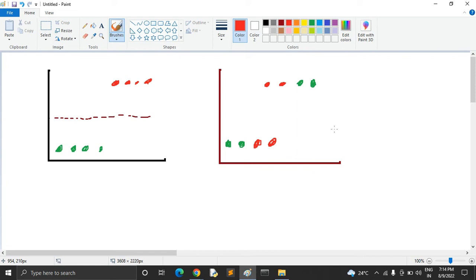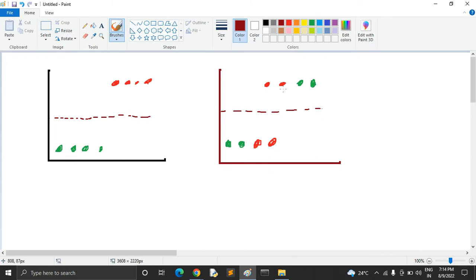Now we want to create a hyperplane, a classification boundary or decision boundary, which can exactly separate the two categories. So what to do? By using logistic regression we are not able to do so, because logistic regression will create some kind of this decision boundary.